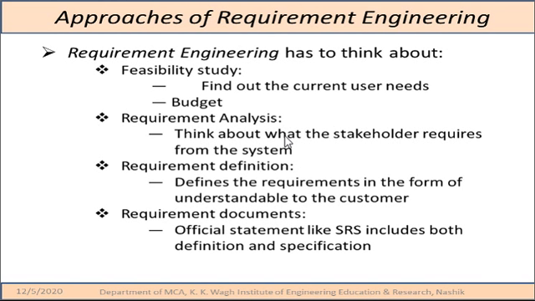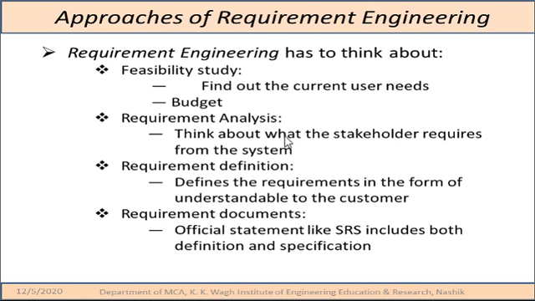What is a feasibility study? It can be performed in two ways: finding out the current user's need as well as the tentative budget of that particular problem. Once you identify the user's need and the estimated budget, you go for the analysis. For analyzing, you have to think about the stakeholders' requirements, what the stakeholders expect from the system.